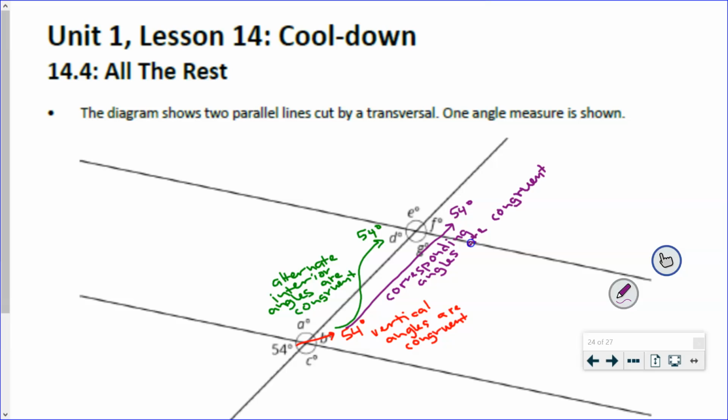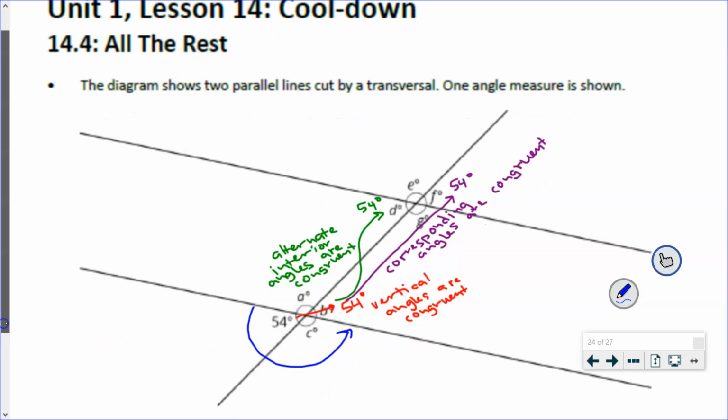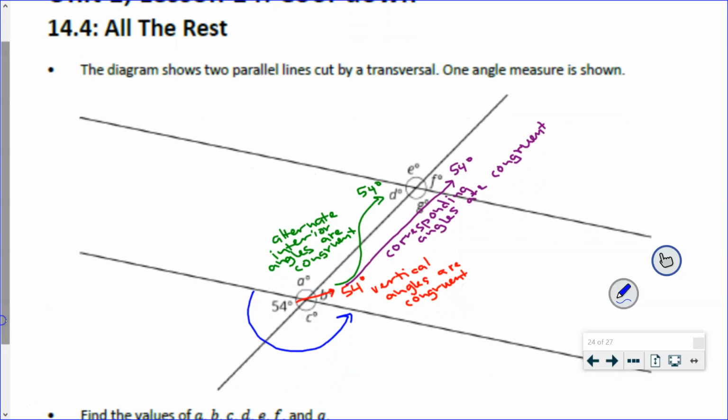And now we need a new strategy because we've used all the strategies that we can to find all of the angles that are 54 degrees, but now we need a new one. What is the relationship between 54 degrees and C? And I hope that you recognize that these are, as it mentioned in the summary, adjacent angles, or angles that are next to each other, and adjacent angles are supplementary.